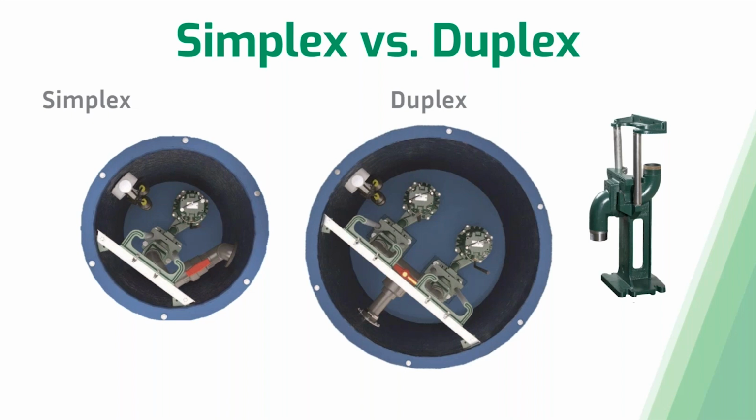But how do you choose between a simplex and duplex arrangement? The main question that I always ask is, what happens if that pump station goes down? For example, let's say you're sizing a system for a restaurant. If you put in a simplex station, what happens if that pump goes down?